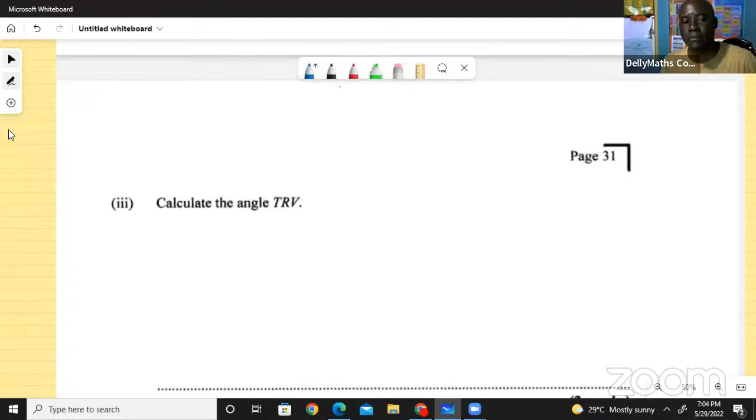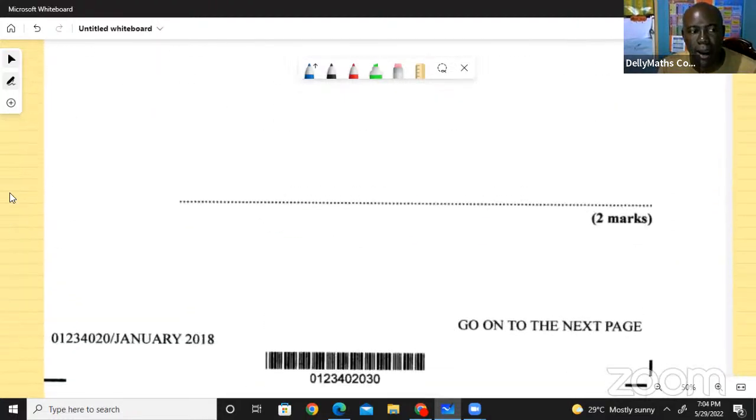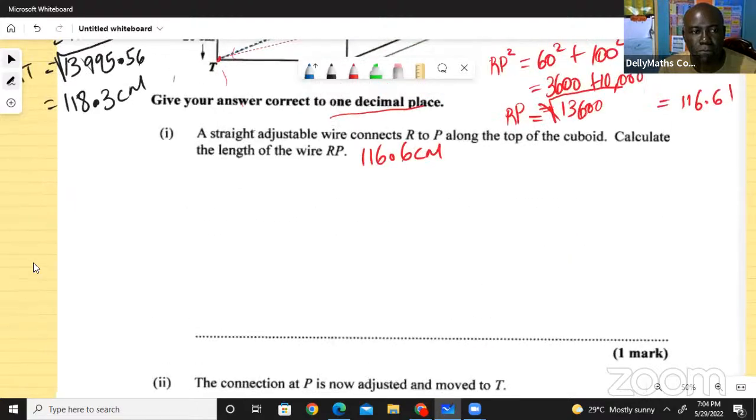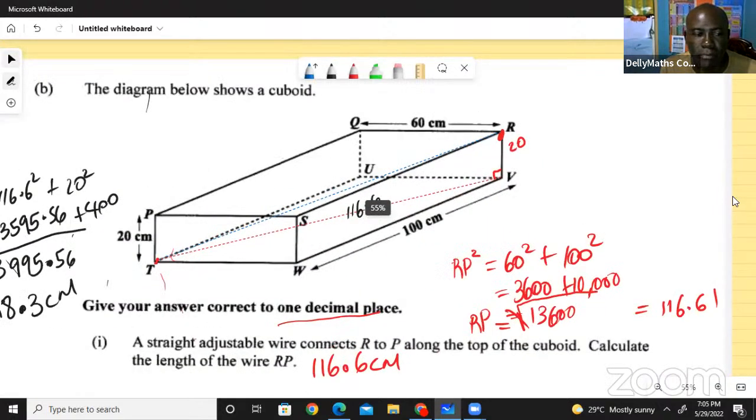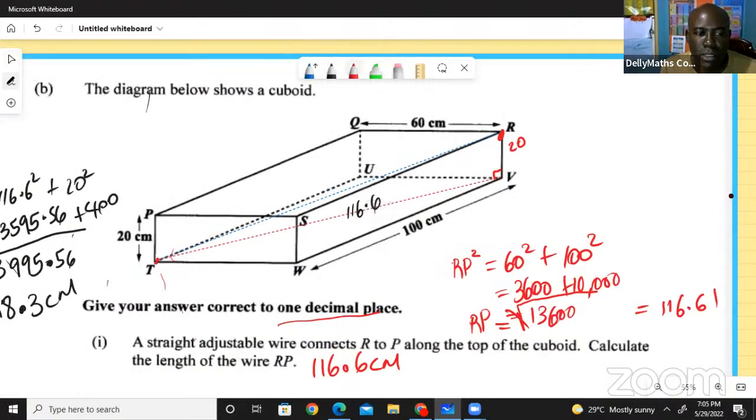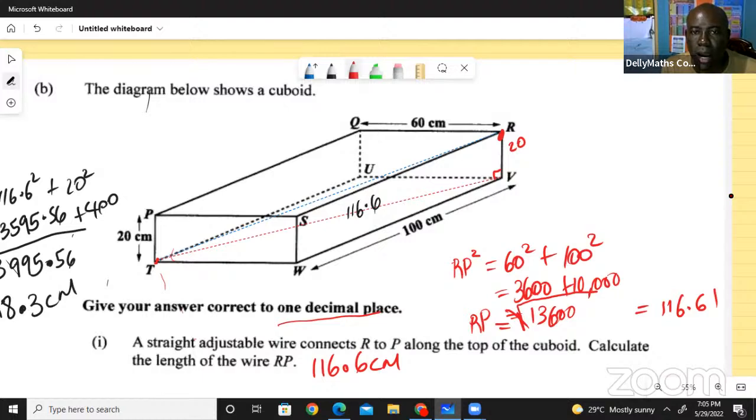Calculate the angle TRV. So let's look at it. TRV. I'm going to pull off some of these things. That could stay.